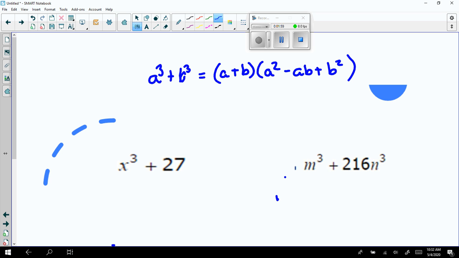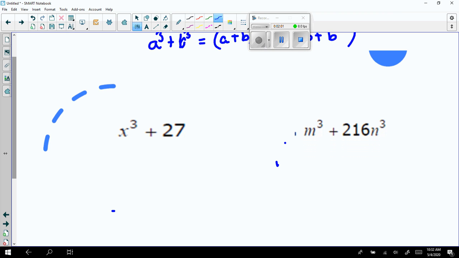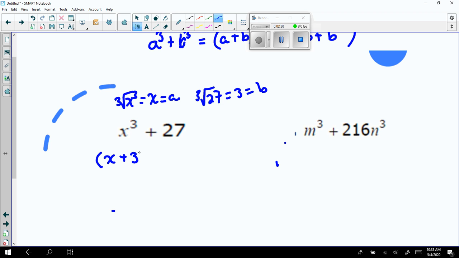Okay, so first thing, what I always do when I'm looking at these is I take the cube root of each one of these, and these end up being my A and B. So the cube root of x cubed is x, and that's your A. And the cube root of 27 is 3, and that's your B. Following the formula, it's A plus B, so that's going to be x plus 3.